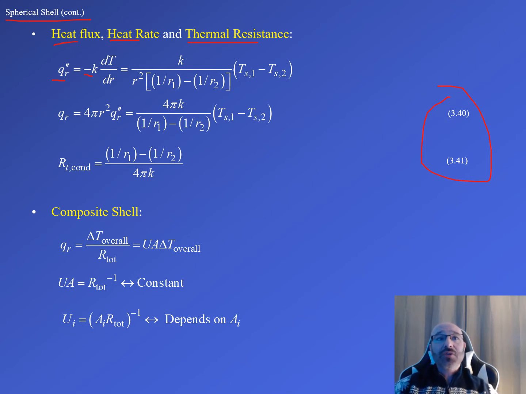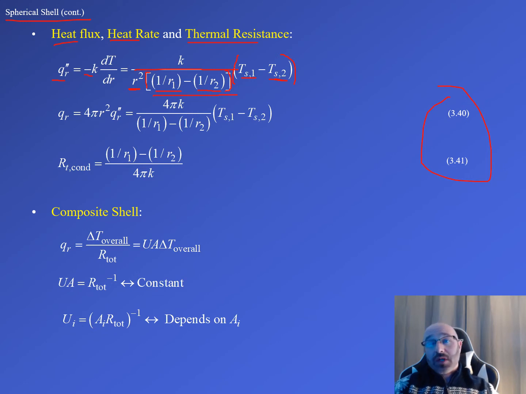And this is equal to k divided by r squared, that distance out from the center of the sphere, times 1 over R1, the radius of the inner surface, minus 1 over R2, where R2 is the radius to the outer surface. So subtracting those two and multiplying by r squared in the denominator, and this is all times the difference between the two surface temperatures, our inner surface temperature T_s1 and our outer surface temperature T_s2.